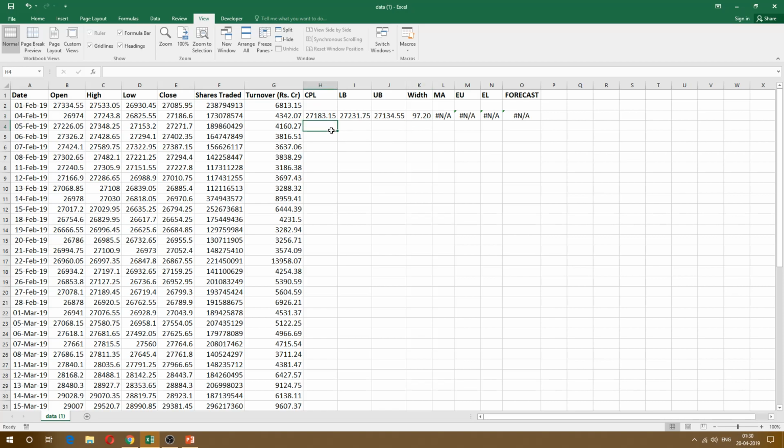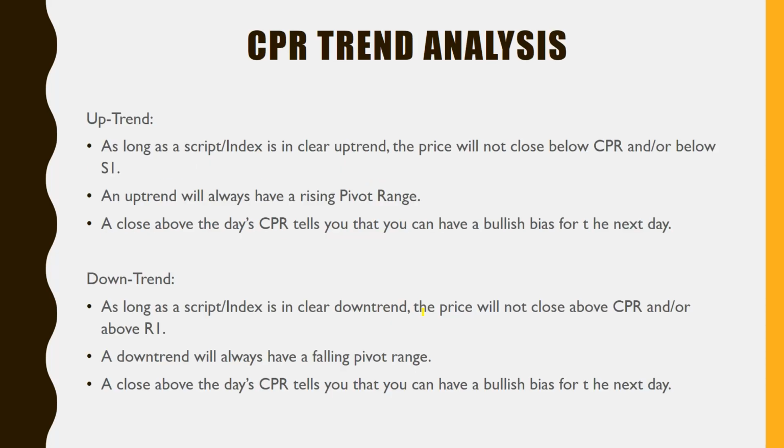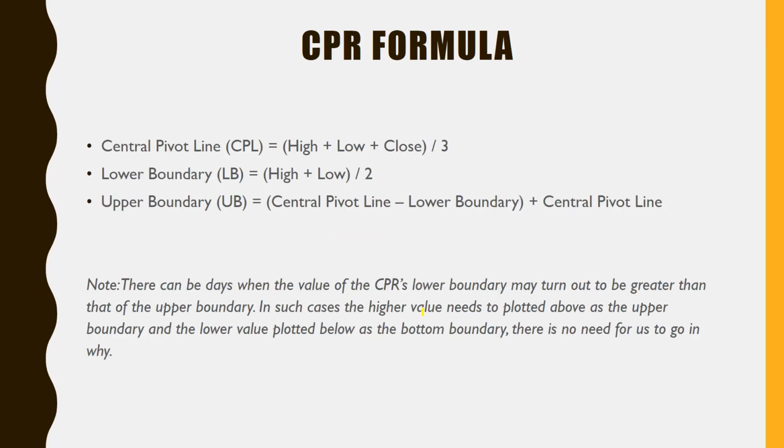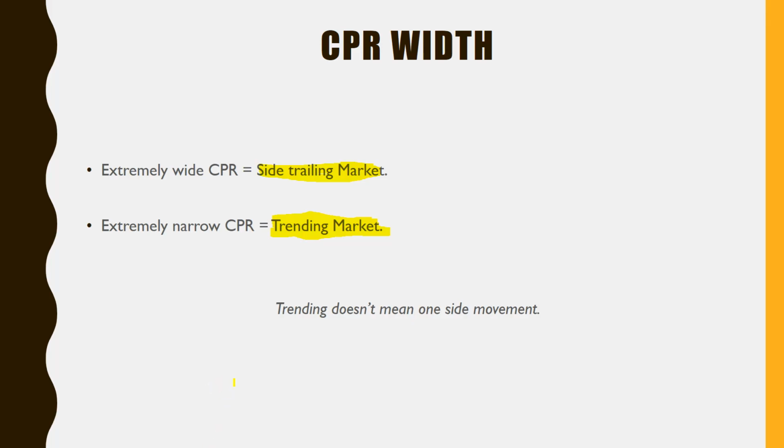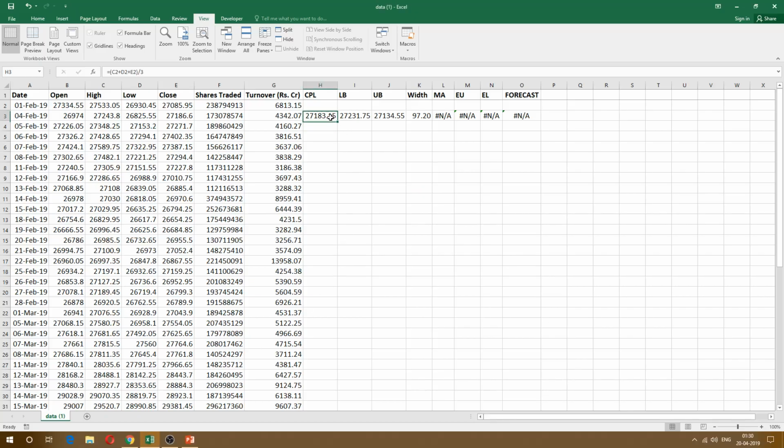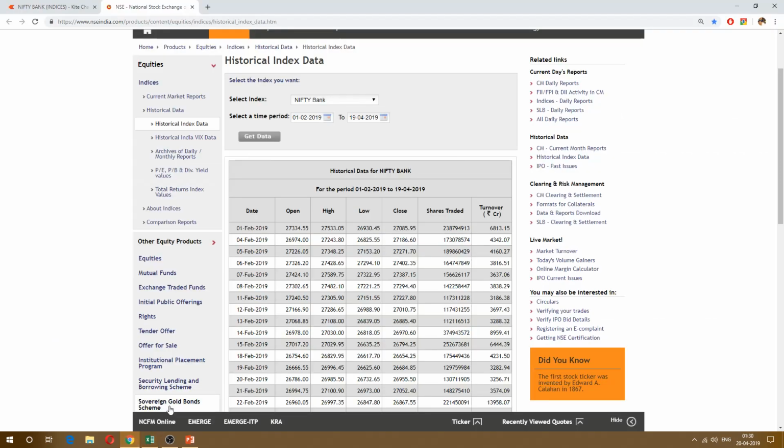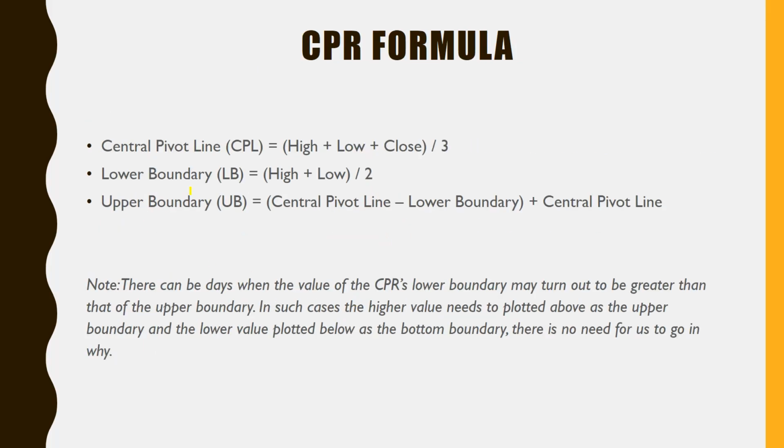Now, there is one more thing you need to know: the formula. Let's see the formula. The CPR formula: the central pivot line, which is CPL, is high, low, close divided by 3.